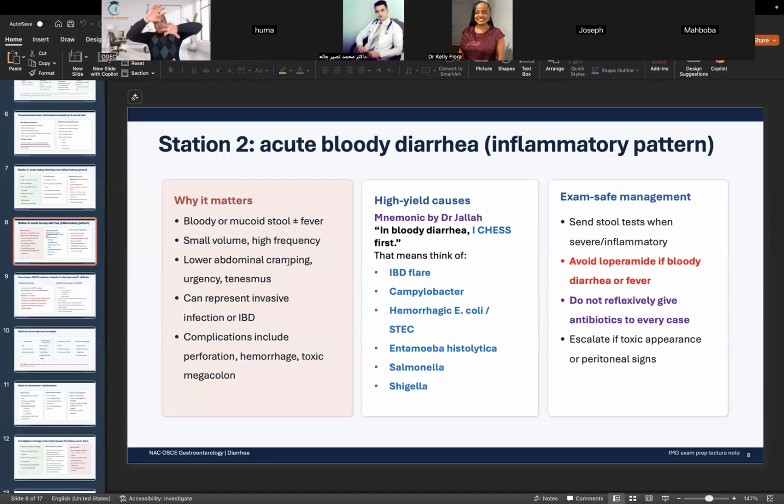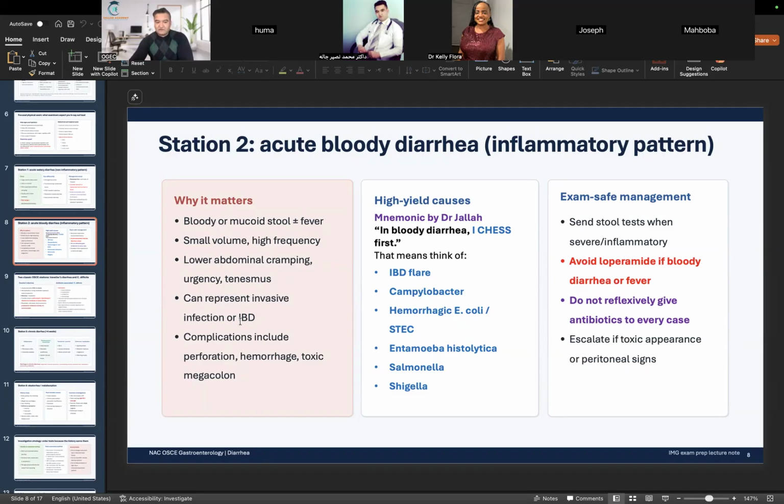So below the belly button will be the colon and large bowel, and above the belly button will be the small bowel. That's why the location is very important. Where does it hurt, and the characteristic, right? Cramping, urgency and tenesmus would be positive. These are signs of inflammation.